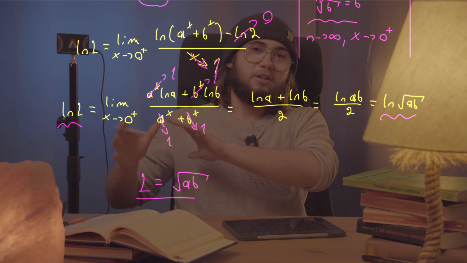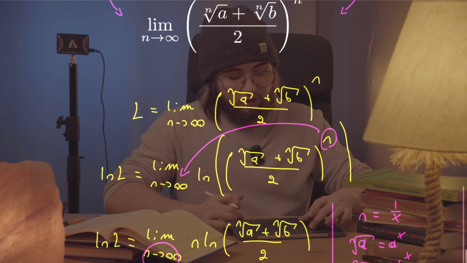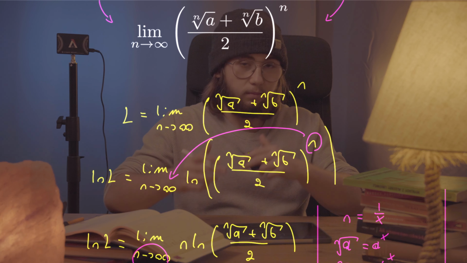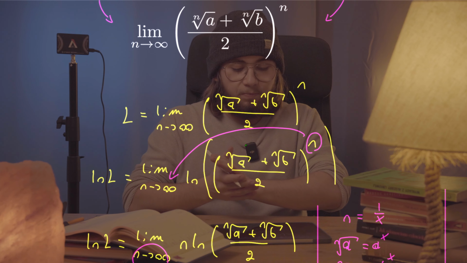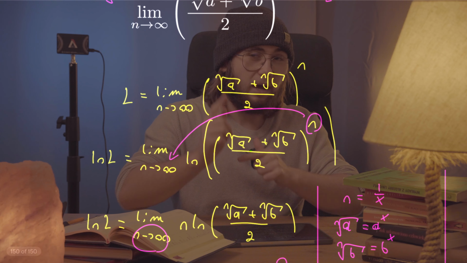Obviously. So let's go all the way back and say once again what we did here. First of all, we wrote this entire expression in terms of natural log, just in order to get rid of that 1 to the power of infinity situation that we had at the very beginning.